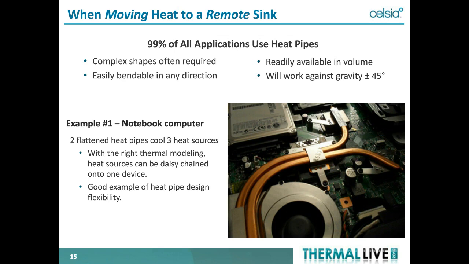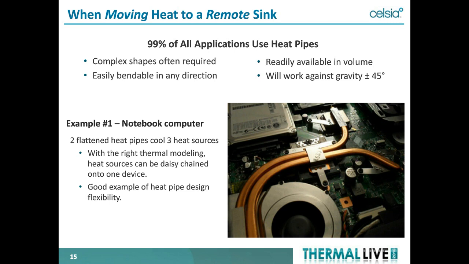When moving heat to a remote heat sink, this is probably 99% of all applications that are out there, because from a volume standpoint, most of those applications are in computing. Complex shapes are often required, as you can see in the photograph. Heat pipes can be bent relatively easily, just as easy as a piece of copper tubing.